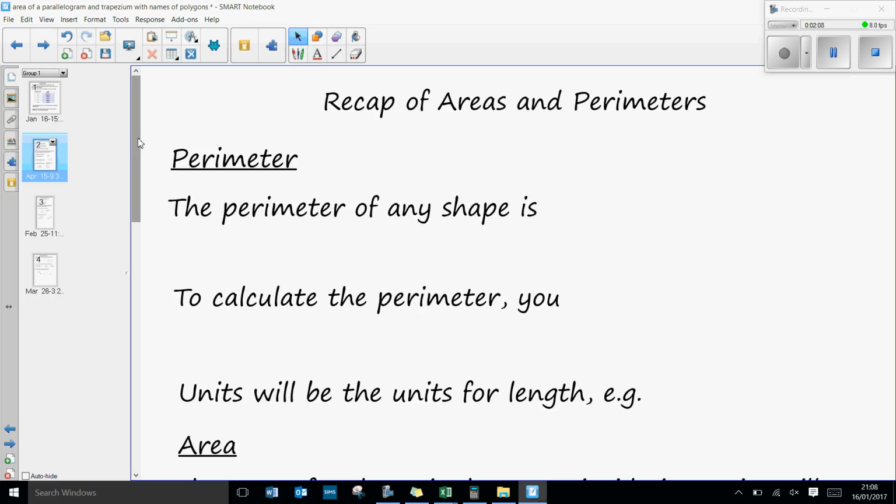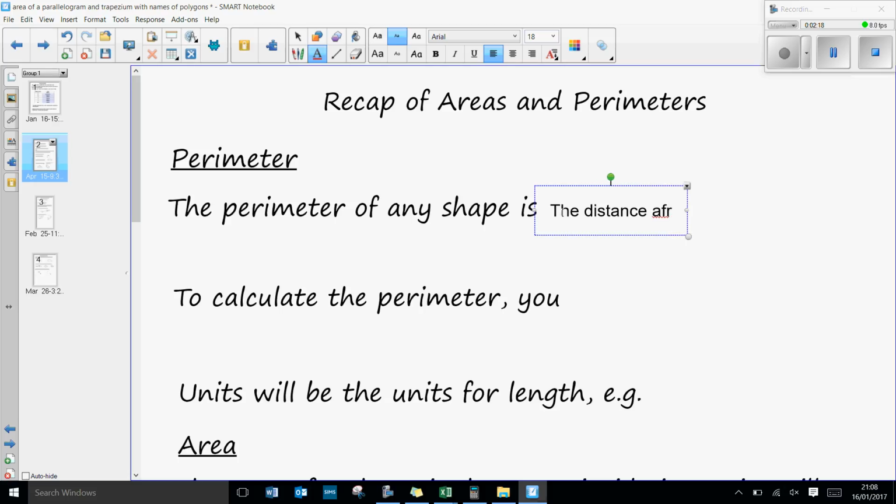The perimeter of the shape is, I hear you all cry, the distance around the outside.